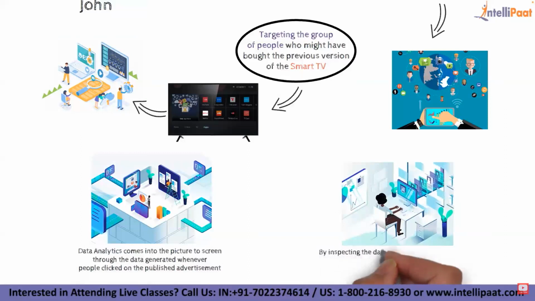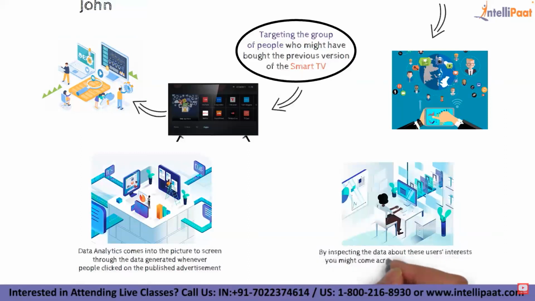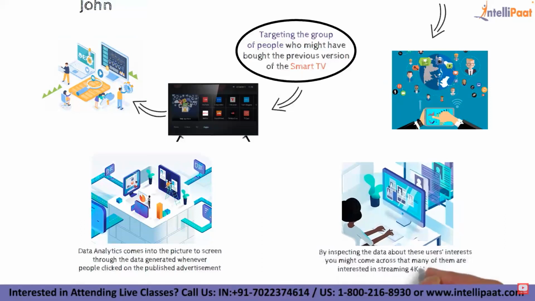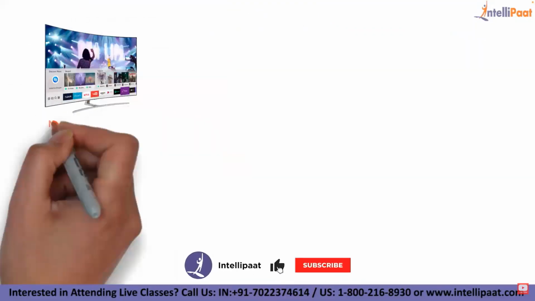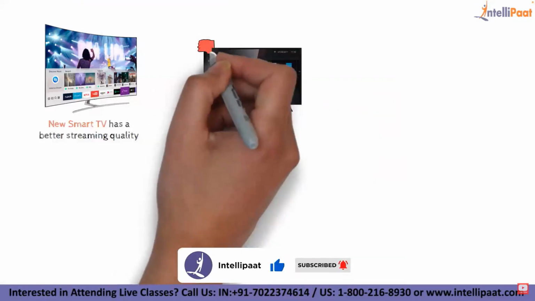Now, by inspecting the data about these users' interest and their buying patterns, you might come across that many of them are interested in streaming 4K UHD video. The reason behind this might be that the new smart TV has a better streaming quality than the previous versions.